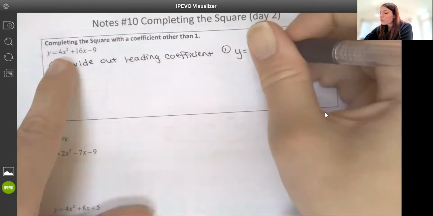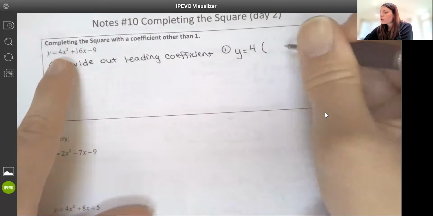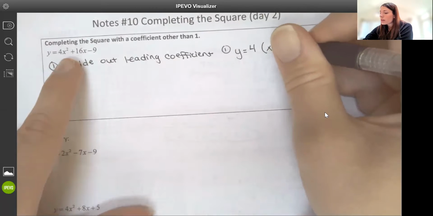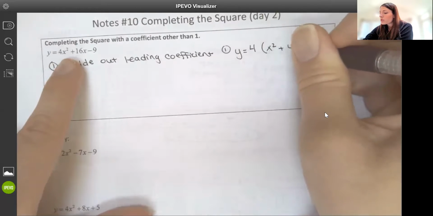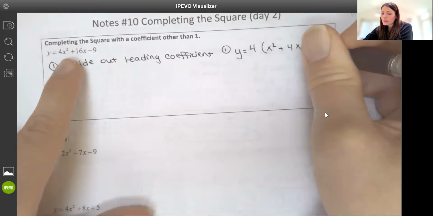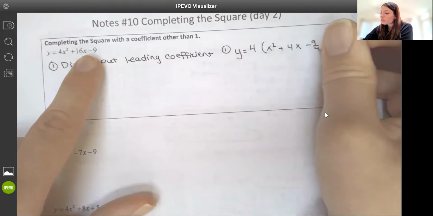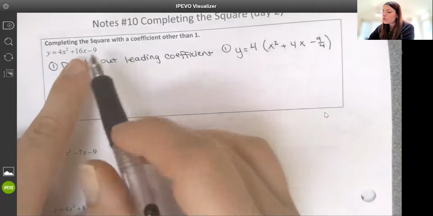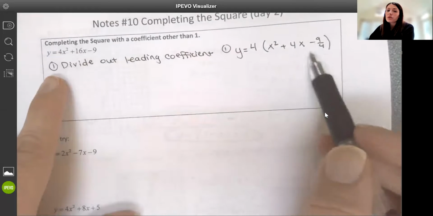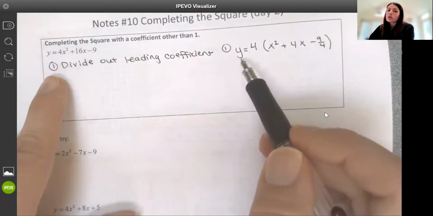So if I take a 4 out of this quadratic, I'm going to be left with x squared plus 4x, and then negative 9/4. So I need to take a 4 from each term, even if it's messy like this.